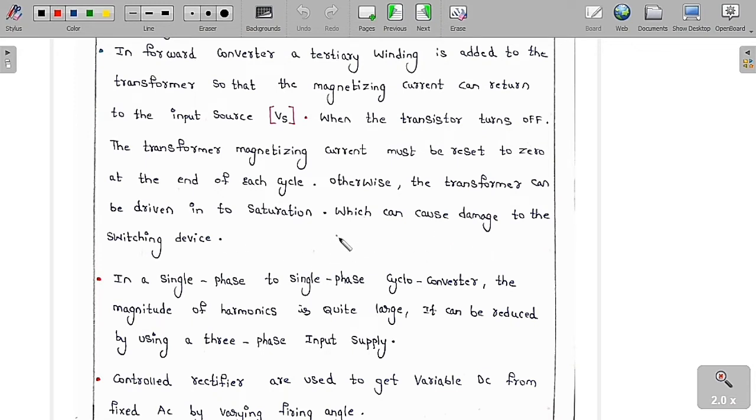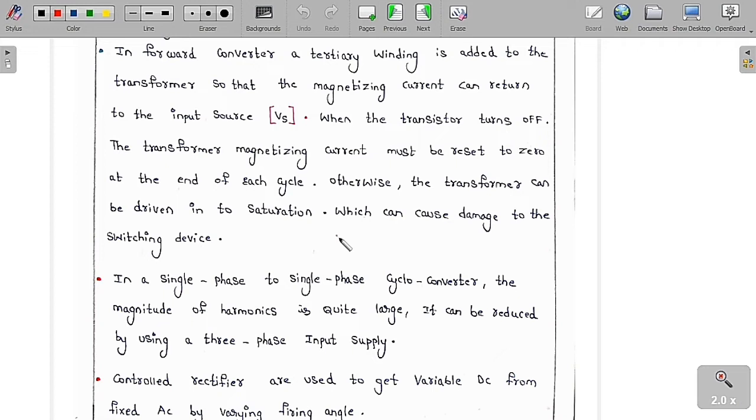That is the reason we need to demagnetize the core before the application of the next switching pulse, so we can safeguard the switching device. Otherwise, the switching device can get damaged because the core can go into saturation.